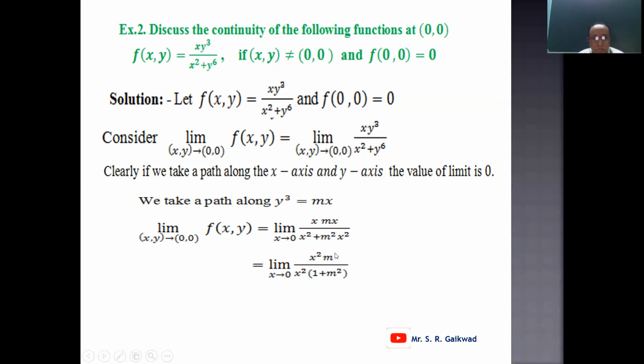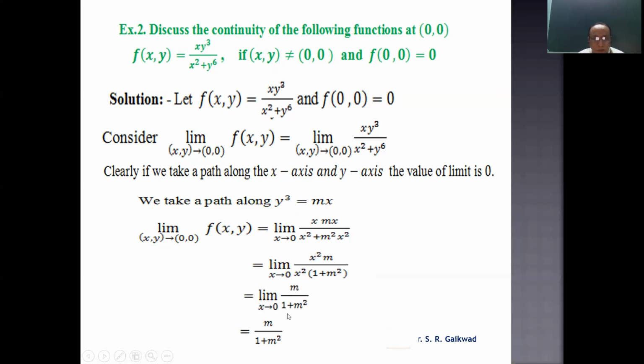Therefore equal to limit x tends to 0, x into x nothing but x square into m. From denominator we can take x square as common in bracket 1 plus m square. Then x square cancel, we get limit x tends to 0 of m upon 1 plus m square.